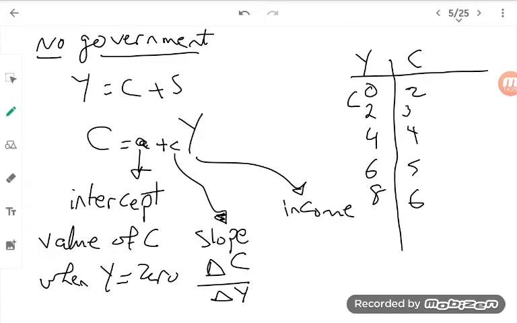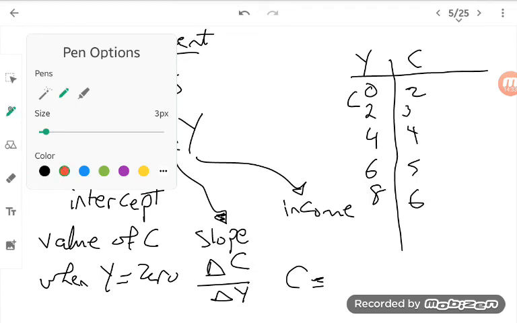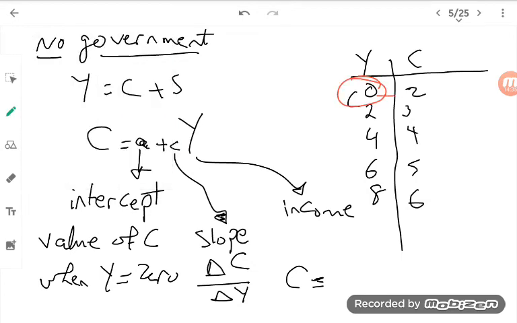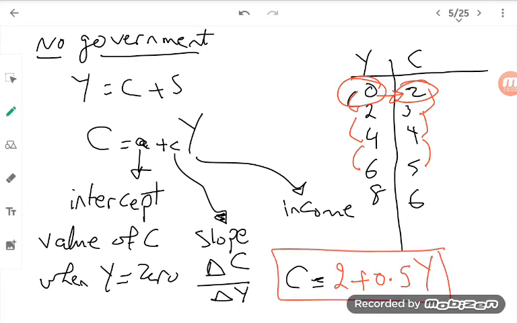So if you would like to convert this schedule to an equation, it will be C equals, when Y equals 0, C equals 2. So A equals 2, plus the slope. You have to calculate the slope, change in C divided by change in Y. Change in C is 1 divided by 2, so it's half Y. So this is the consumption function.